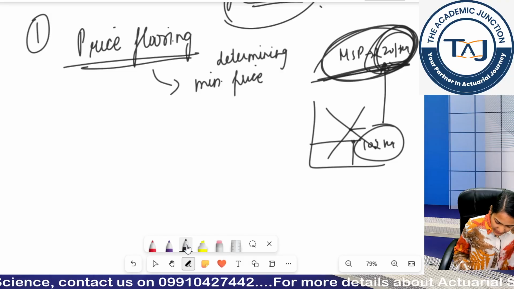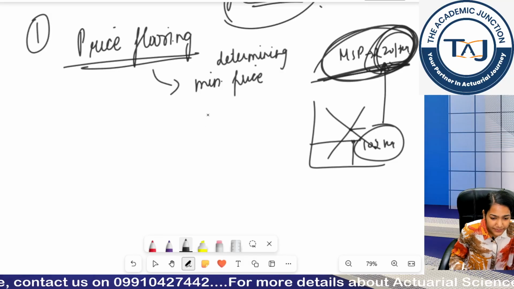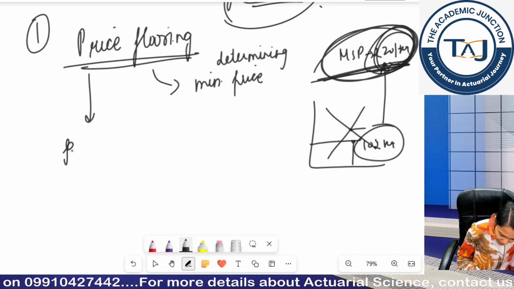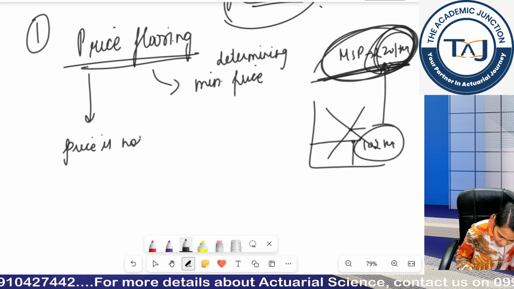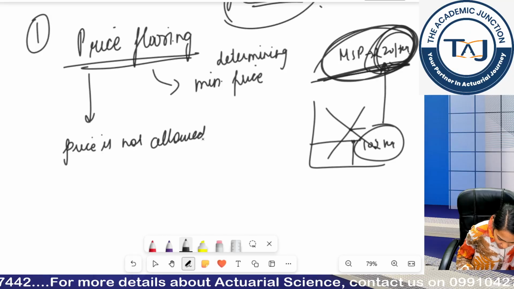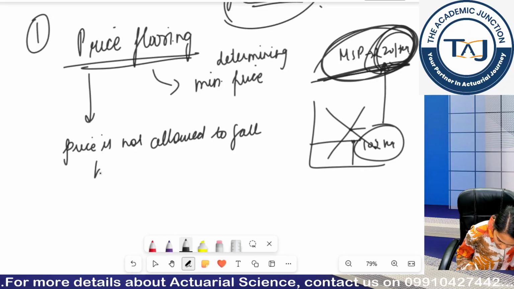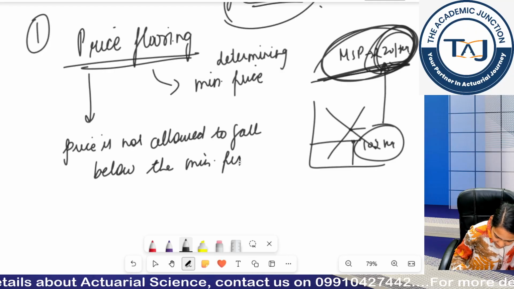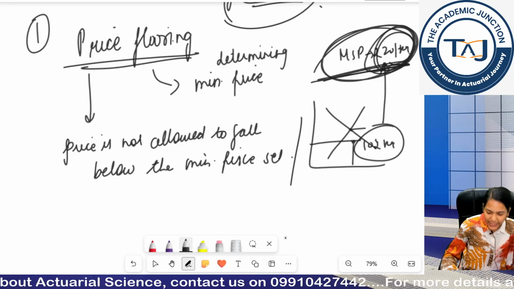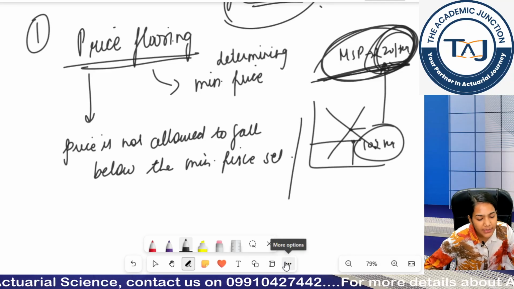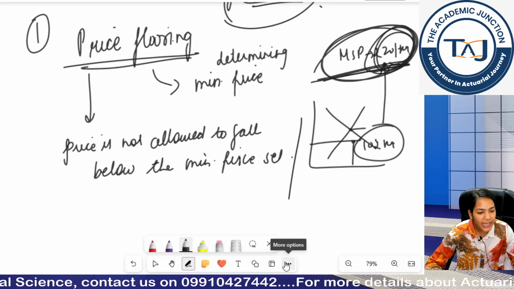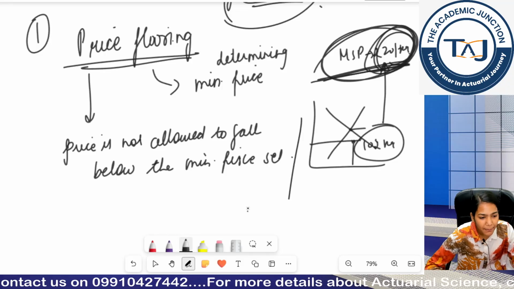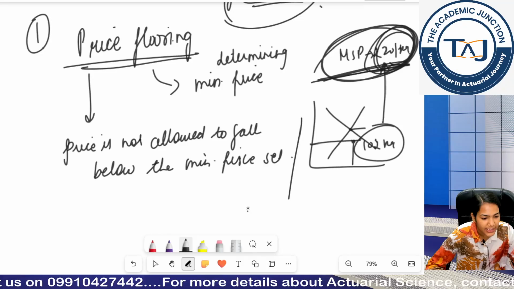So it is basically determining minimum prices. In price flooring, the price is not allowed to fall below the minimum price set. One example was MSP. How can minimum prices be more advantageous? For example, the government wants the public to use less cigarettes or alcohol.